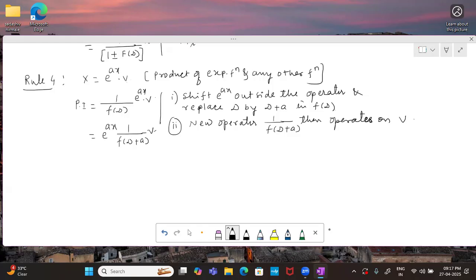Very simple. And finally, in the shortcut method, we'll see rule number 5. Capital X is x into v. Again, it is a product, the product of x in first degree, x must be in first degree, and any other function v.